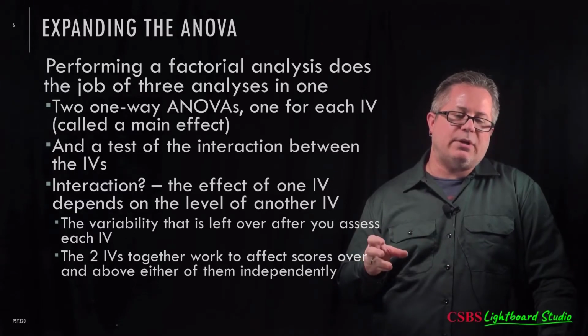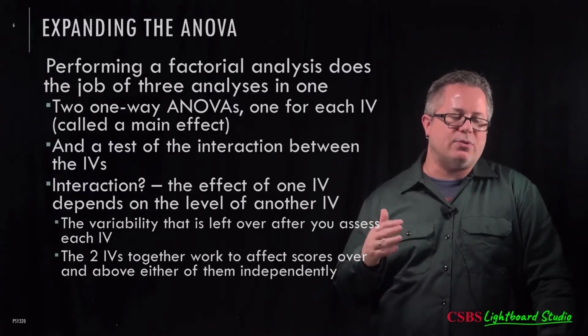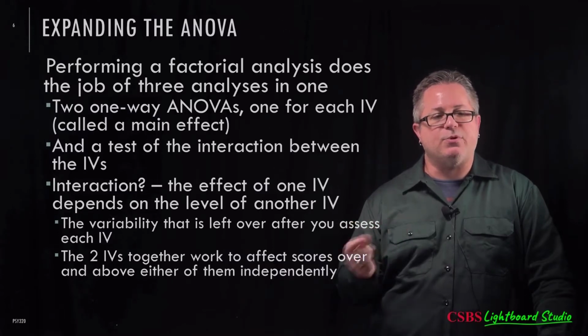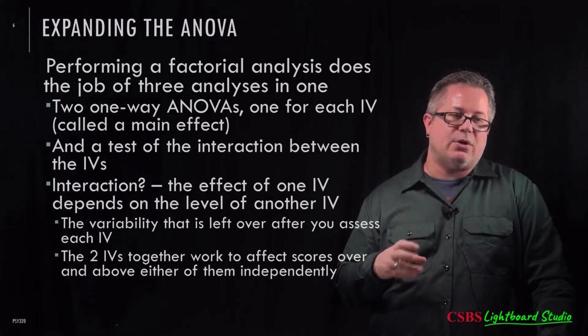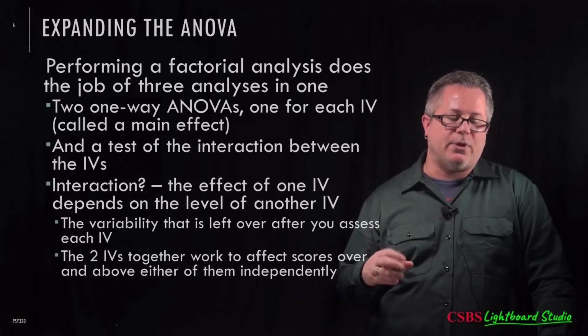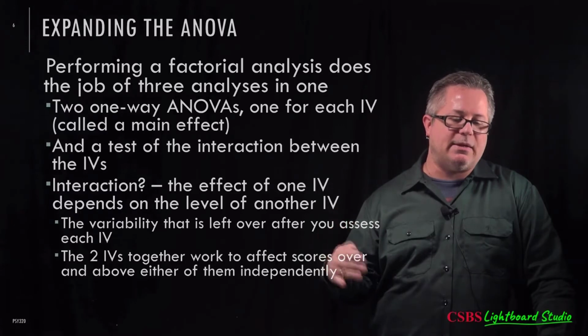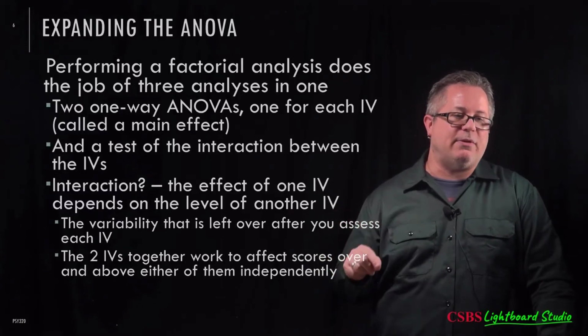So what the interaction represents is that because there's leftover between-groups variation that we're not able to explain with those two main effects, it must mean that the two IVs are somehow impacting one another in a way that is over and above, separate, independent, on top of, extra relative to the two main effects.